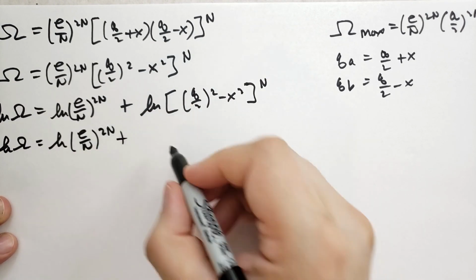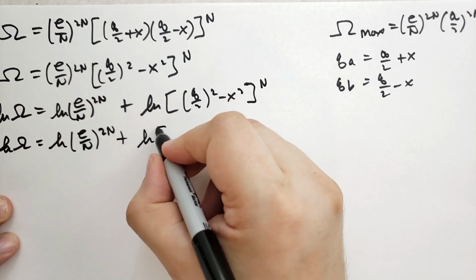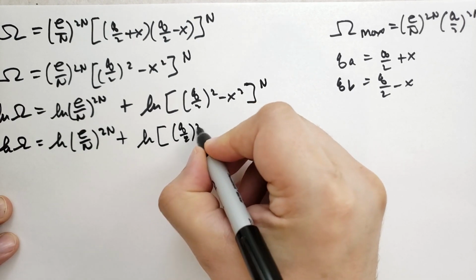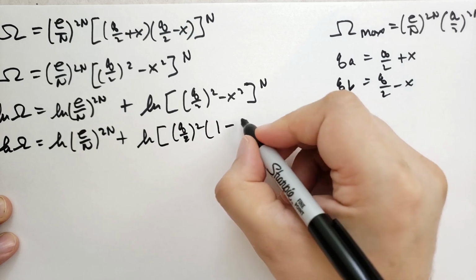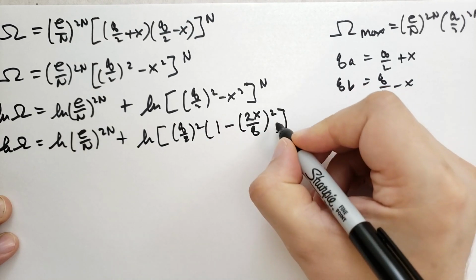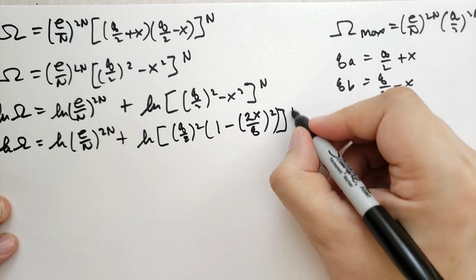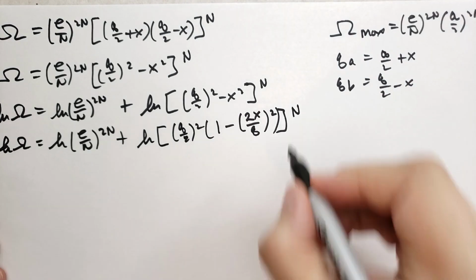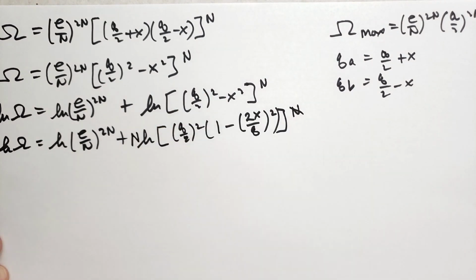We take the factor of (Q/2)^2 out, so we get (Q/2)^2 times (1 minus (2X/Q)^2), raised to the nth power. Let's move the n out front.